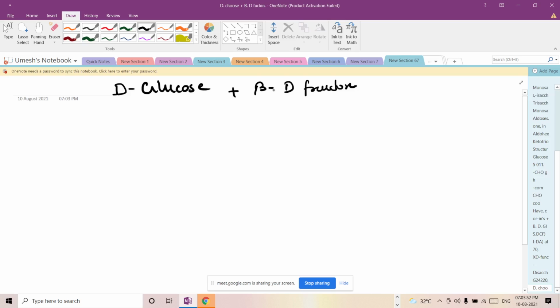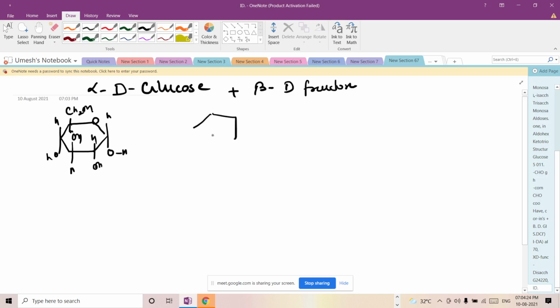Let us go to the beta D fructose. This is a glucose molecule, alpha D glucose. And the second molecule is beta D fructose.